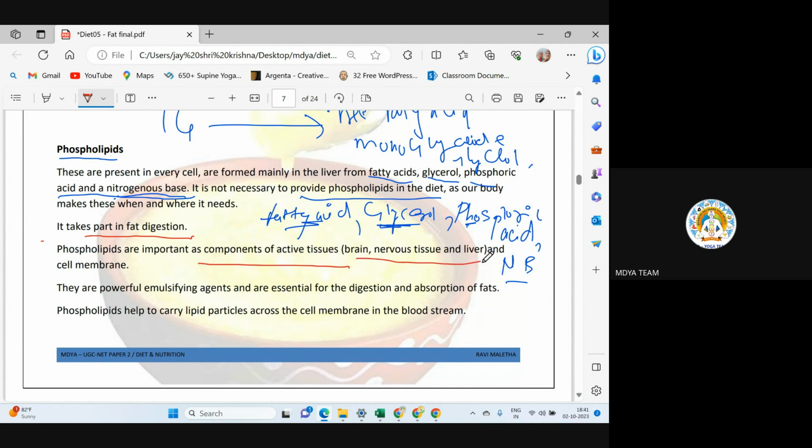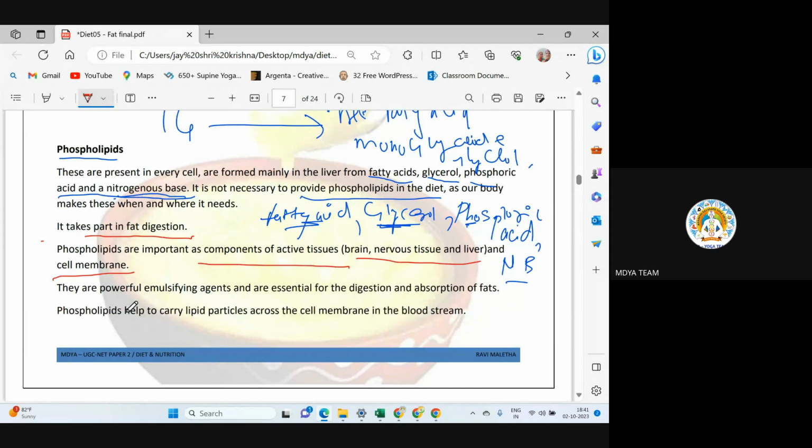So phospholipids are an important component of active tissue and cell membrane. Cell membrane is made up of phospholipid; around 60 to 70% of our cell membrane consists of phospholipid.